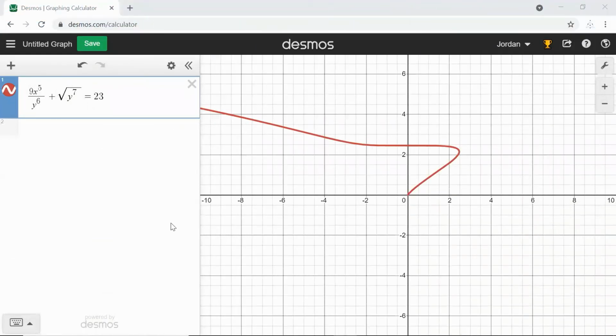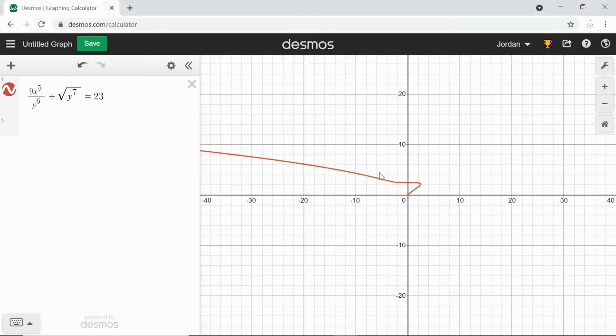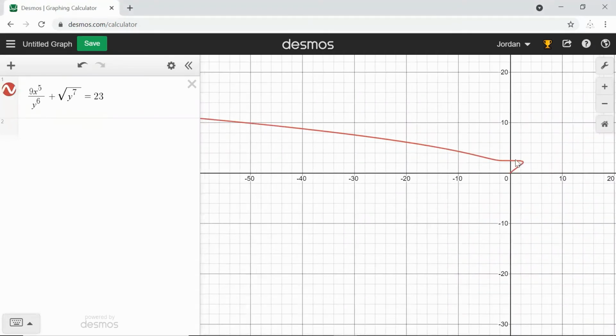I have graphed this equation here. You can see kind of the graph of the equation. It's really odd looking, really weird looking at the beginning. It kind of zigzags, and then it turns out looking like a square root after that.